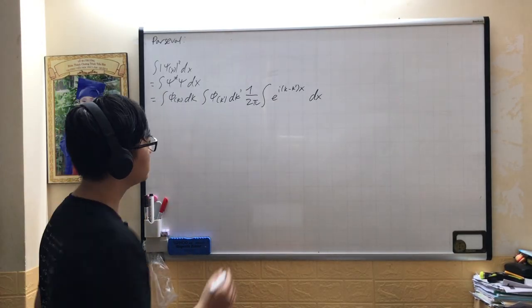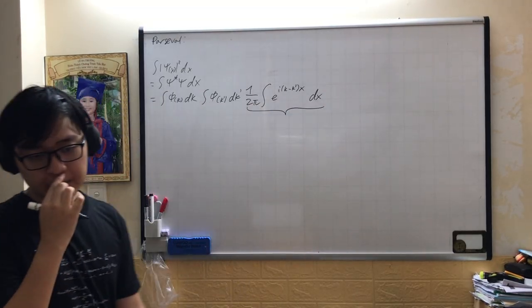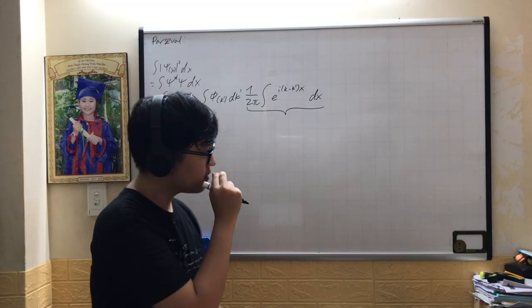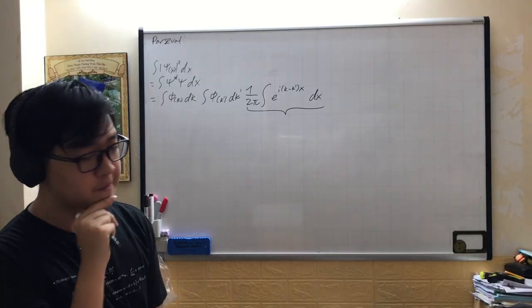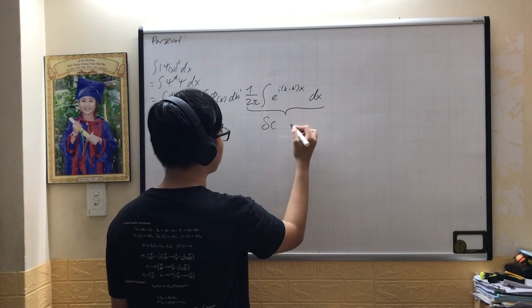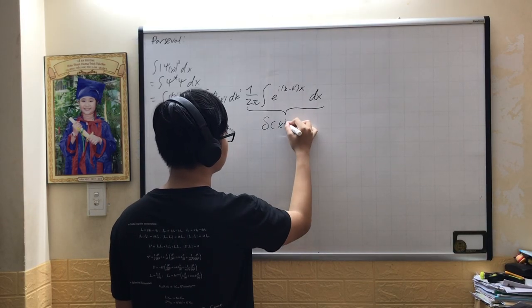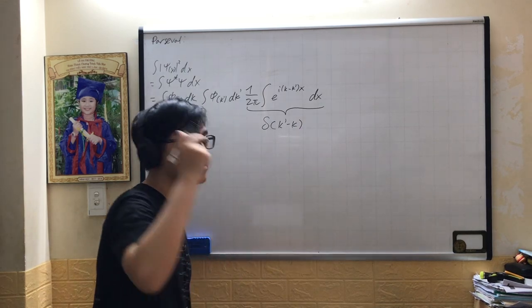And as you can see, this guy right here, we did this in the momentum space lesson. This guy is the Dirac delta function, but for k. So this is the Dirac delta function for k. You can just put it away, like in the momentum space lesson.